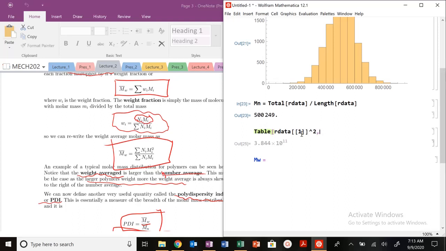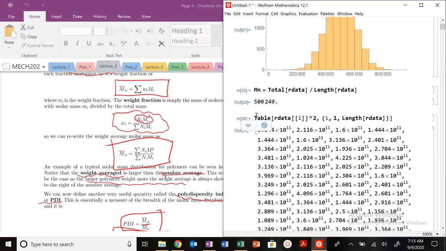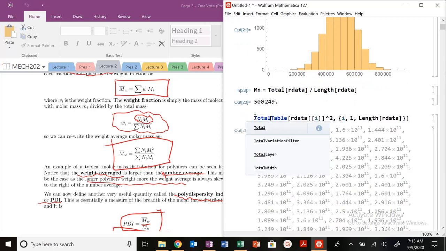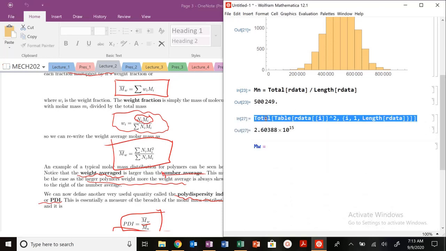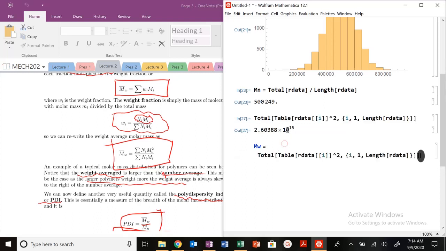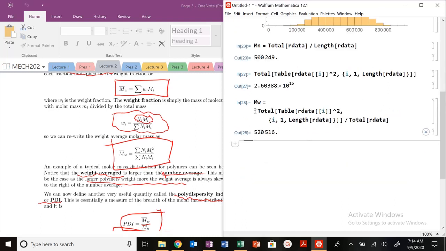I like to do it rigorously. So I'm squaring my data first, making that list. I'm going to do a total now, because again, we still have to sum. That's my numerator. My denominator is just going to be the exact same as my M sub n. That's why it's nice to calculate it here. And this would be my M sub w.